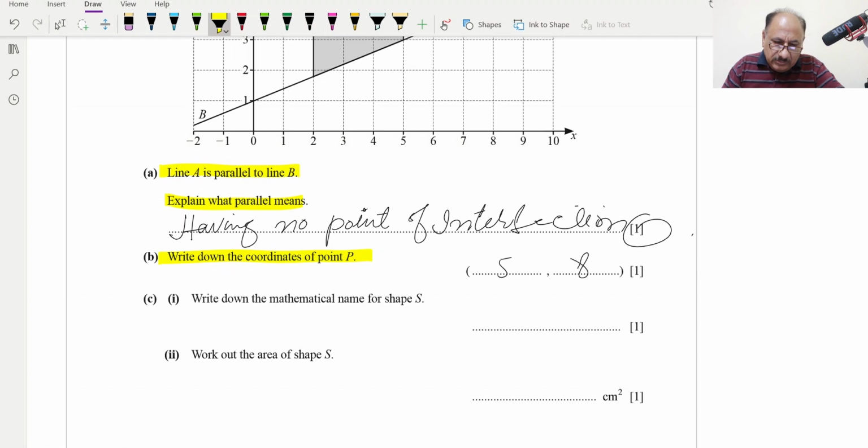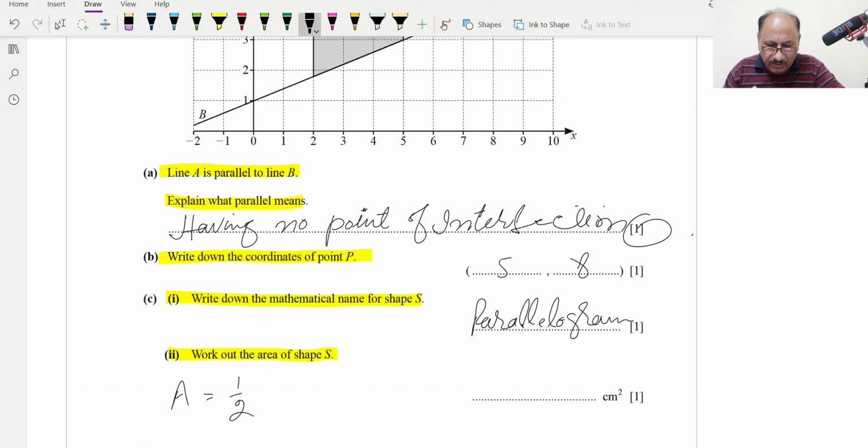And then C1, write down the mathematical name of the shape S. This is basically parallelogram. So parallelogram, and then they are saying work out the area of the shape. So parallelogram, we can use even trapezium formula also we can apply. So 1 by 2 into a plus b into h.